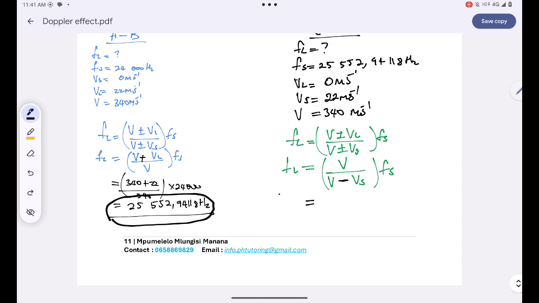So I just have to substitute. FL is equals to 340 all over 340 minus 22, multiplied by 25,552.94118. And then I'll get the value that I want.